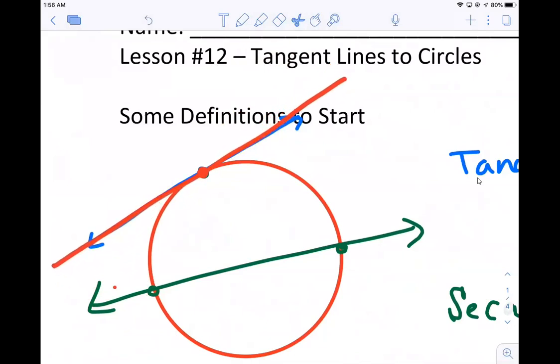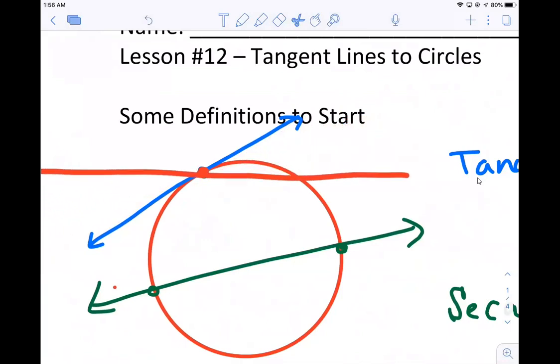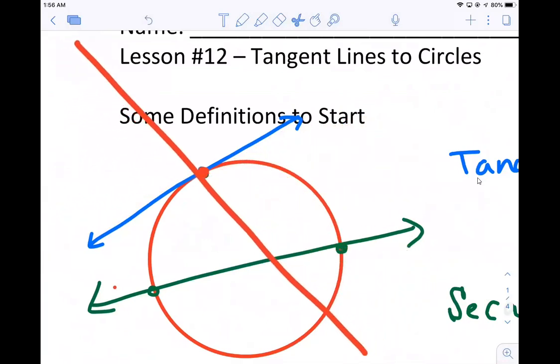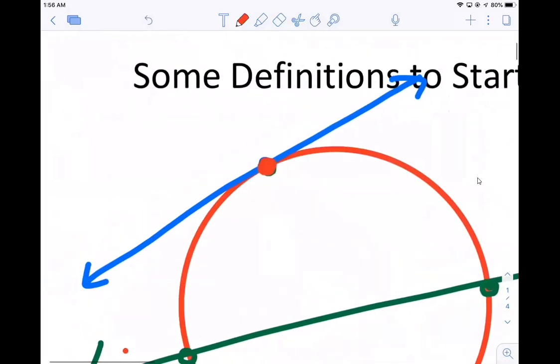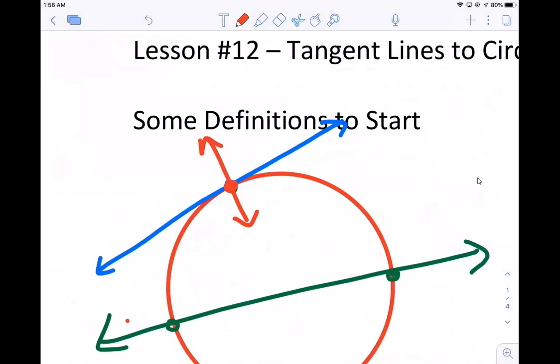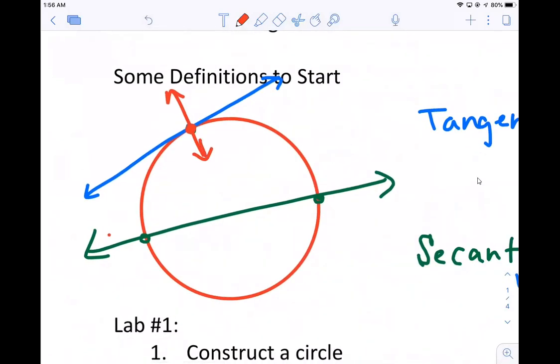There's really only one line where it only intersects once, and that's this one. Everywhere else, it's going to intersect multiple times. Hopefully you guys can see that. And don't try to cheat me and say this line intersects once as well, because of course we know lines extend infinitely in both directions, so that is a secant line.